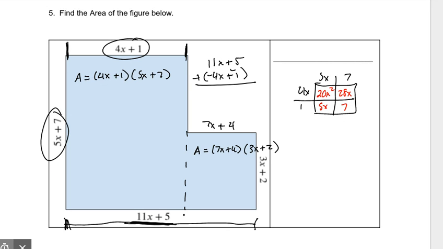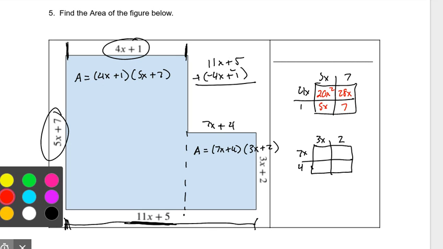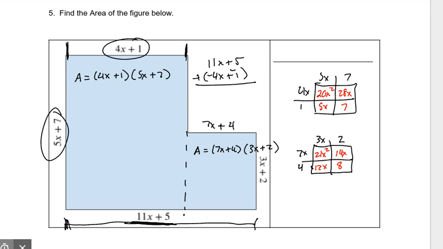For the other rectangle, I have my 7x plus 4 and 3x plus 2. That one's going to give me 21x squared, 14x, 12x, and 8.